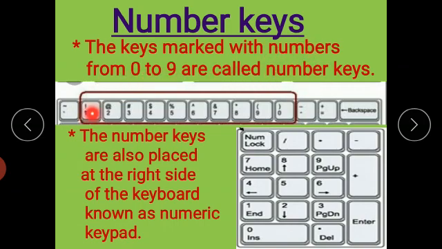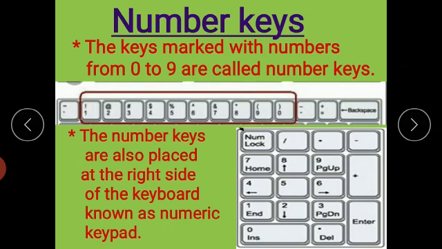See, 1, 2, 3, 4, 5, 6, 7, 8, 9 and 0. So these are number keys. See, some numbers are written on the keys. That's why these keys are called number keys. Children, there are 10 number keys on the keyboard from 0 to 9.